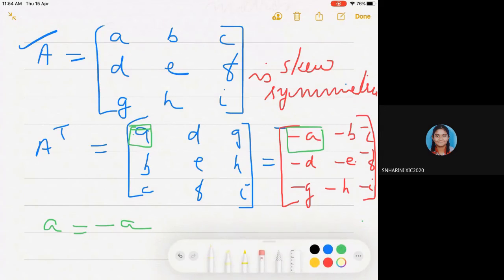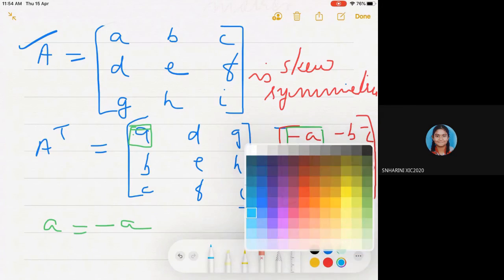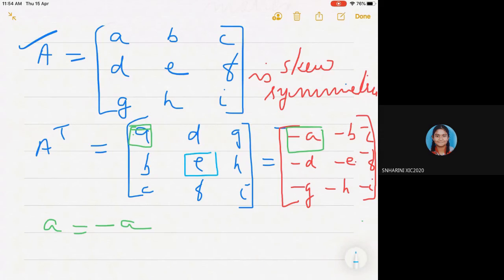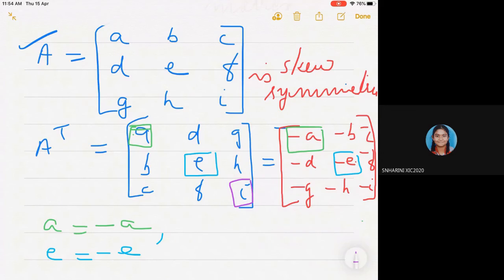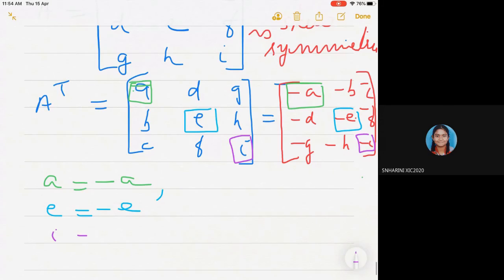Similarly, next, E equals minus E. The next is I equals minus I. So what does it mean?